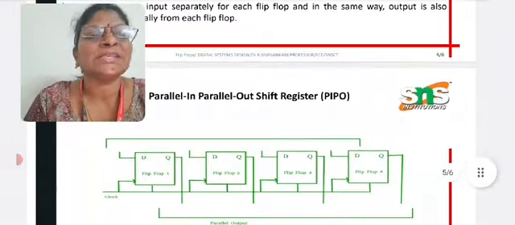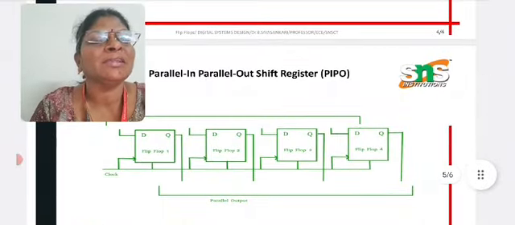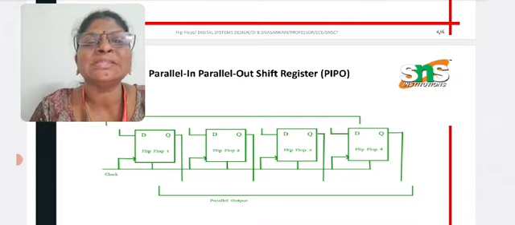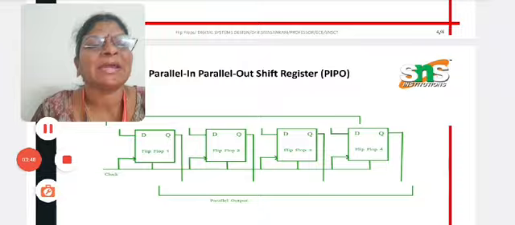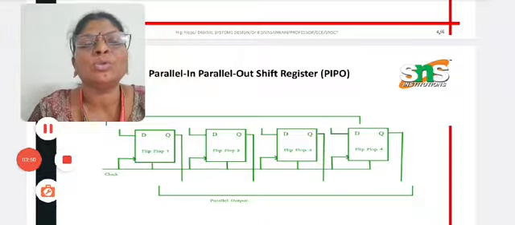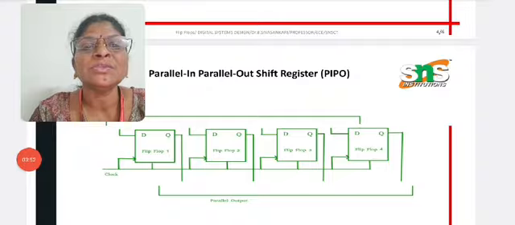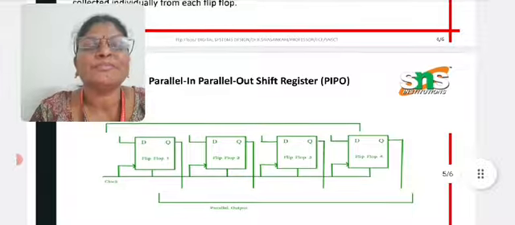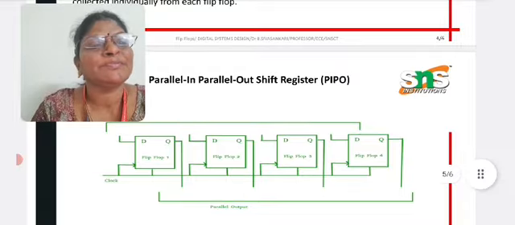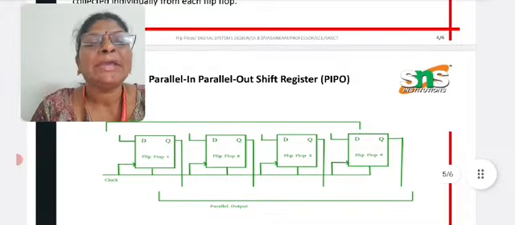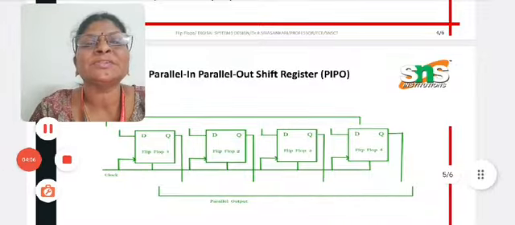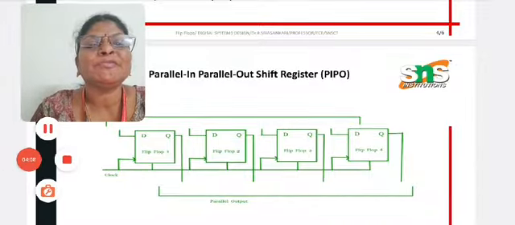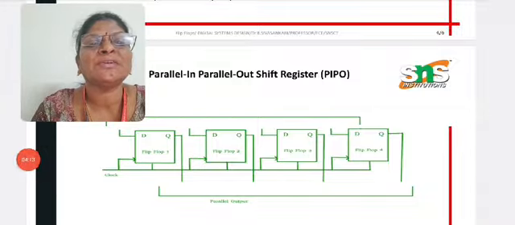So this is the circuit diagram of parallel in parallel out. We can see the inputs are in parallel and the outputs are also in parallel. We have 4 D flip-flops: flip-flop 1, flip-flop 2, flip-flop 3, flip-flop 4. We know very well D flip-flop means whatever input we give, the same will be received in our output.